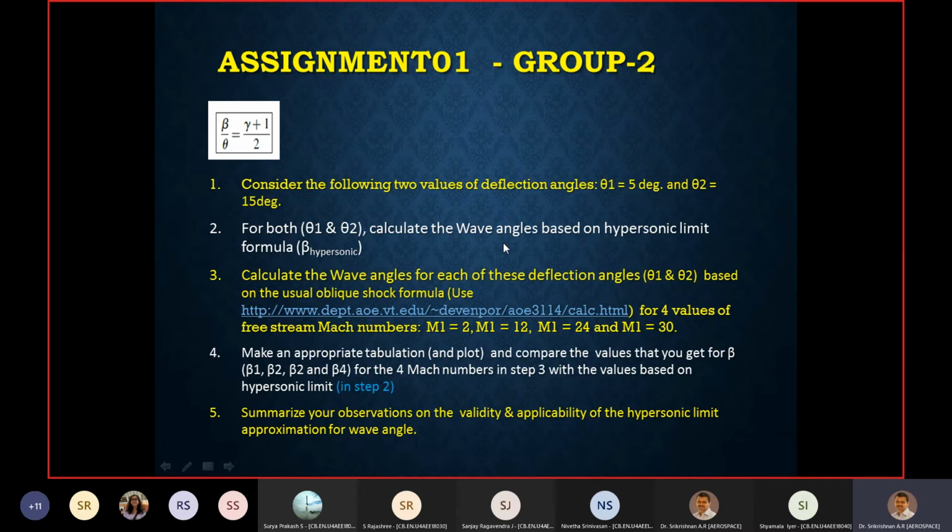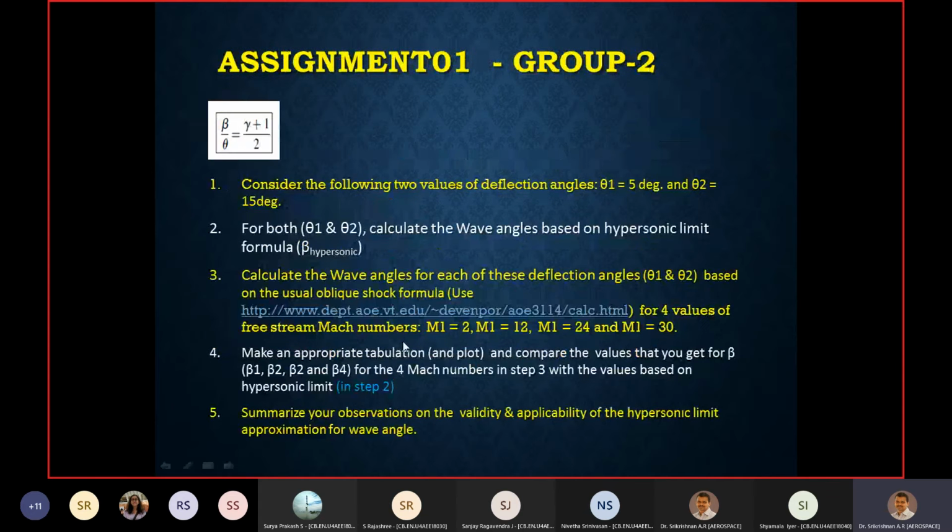Now, I want you to also do the calculation making use of the oblique shock formula, which we have used in compressible fluid flow. You can use this particular link. This is for the entire class, because we will be using this link quite often whenever we need to do any shock-related calculations. This is Virginia Tech.